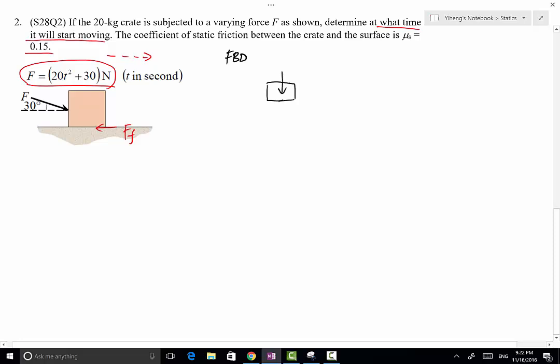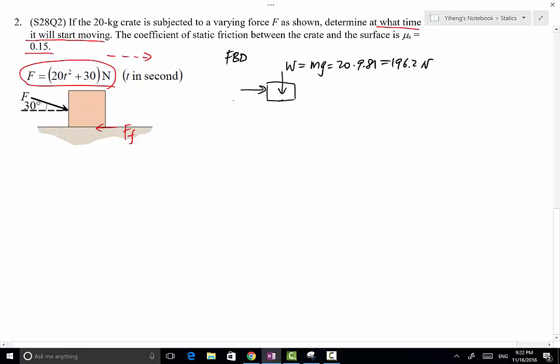The box is subjected to its weight force, which is mg, that's 20 times 9.81 meters per second squared, because we're using SI units, and that is 196.2 Newtons. The applied force is at a 30-degree angle. Therefore, it can be resolved into two components.